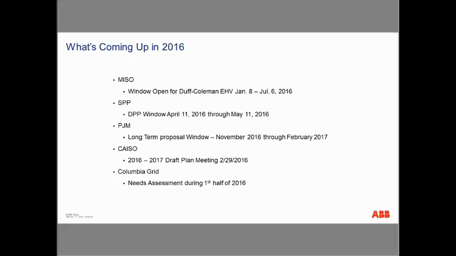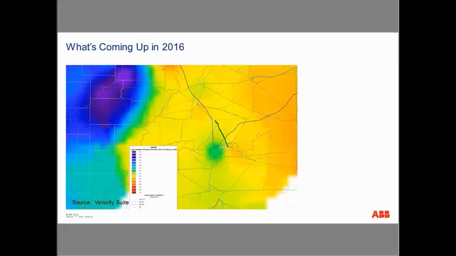In MISO, they have a window open for response to the first project selected under their FERC 1000 process, this Duff-Coleman branch. And they've had a window open since January 8th of this year, and it'll be open through July 6th of this year for proposals to build this project. So that's exciting that they have their first one.